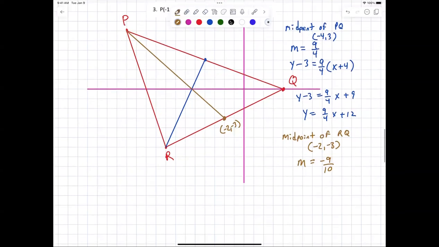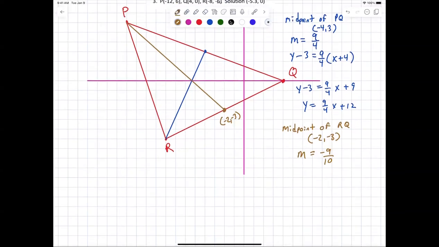Okay, so now we can write the equation. So y plus 3 equals -9/10 times x plus 2. Anybody got a problem with that? Do you agree with that?